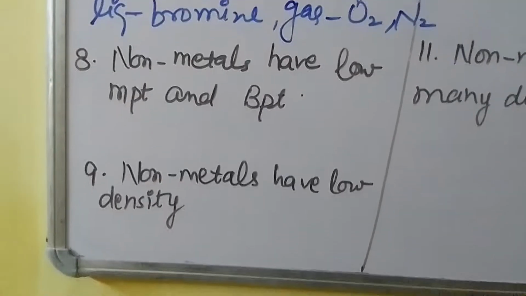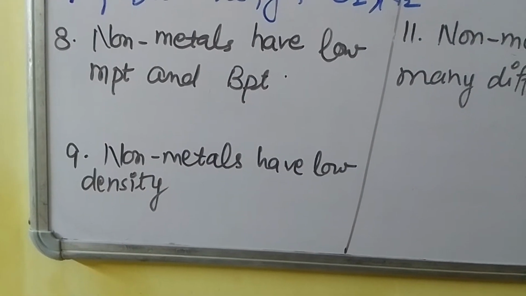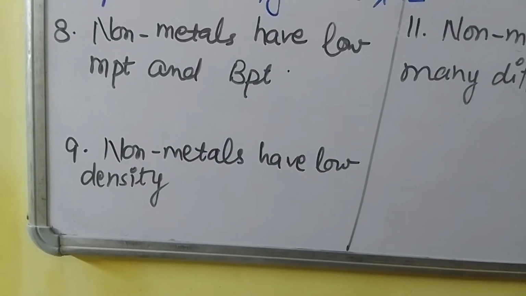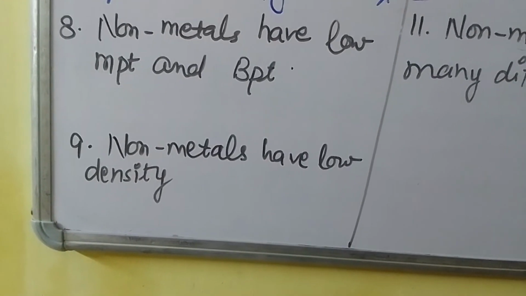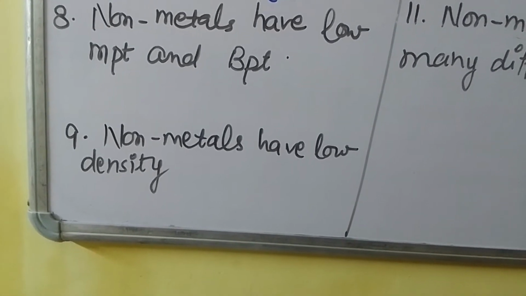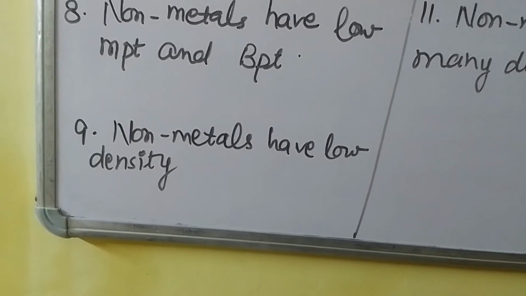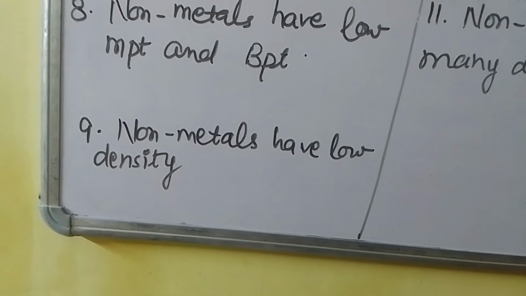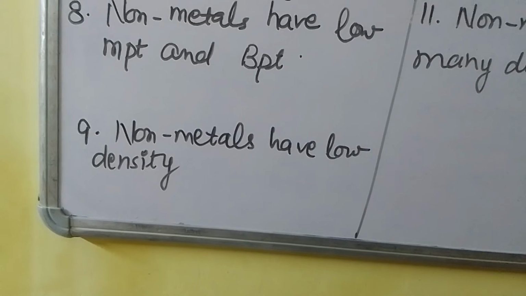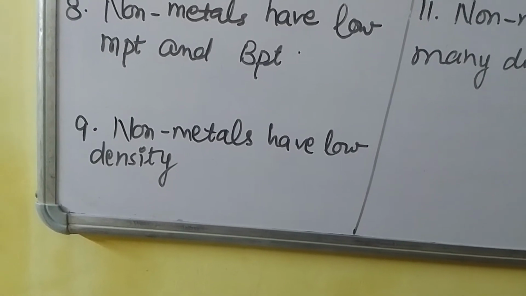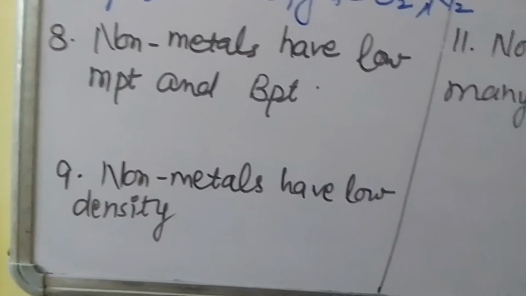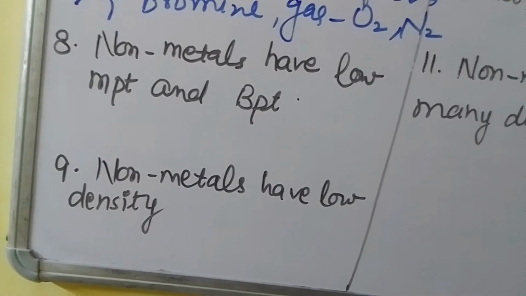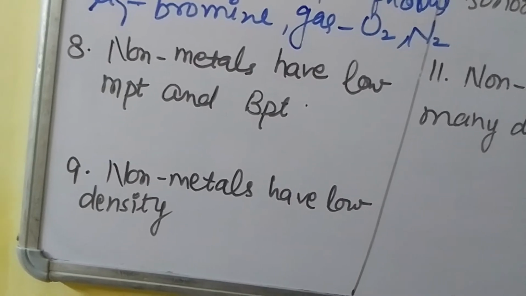So let's talk about another property. Non-metals have low melting and boiling points. I told you that metals have high melting and boiling points, but now we talk about non-metals, which have low melting and boiling points. Let's take an example to understand this property.